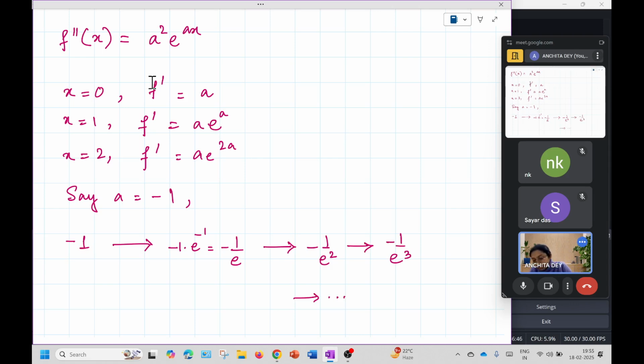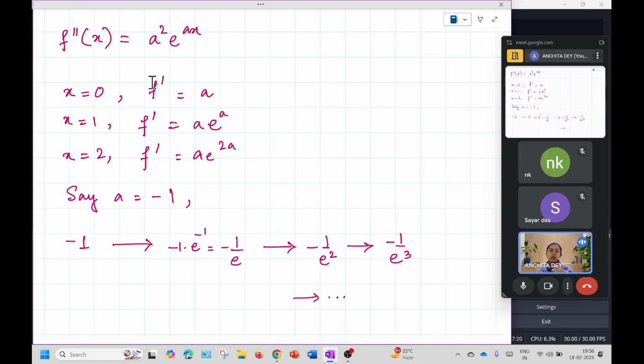Now it turns out that e is something greater than 2, right? It's positive and beyond 1. So e square, e cube is eventually increasing, right? So 1 by e square, 1 by e cube would be decreasing with x.